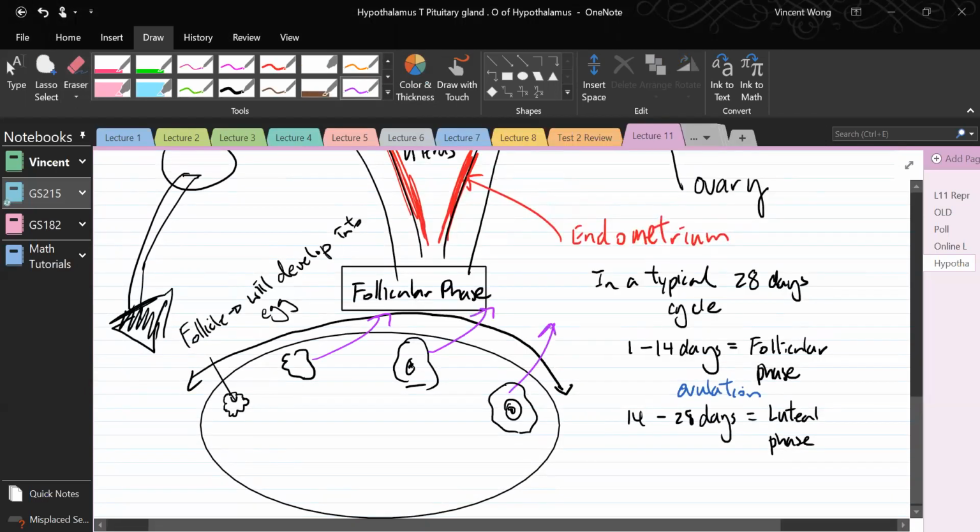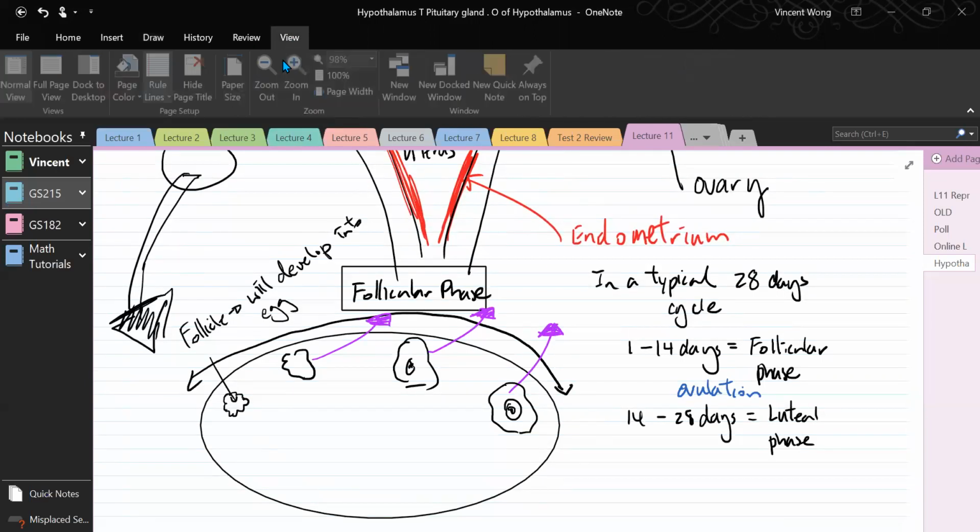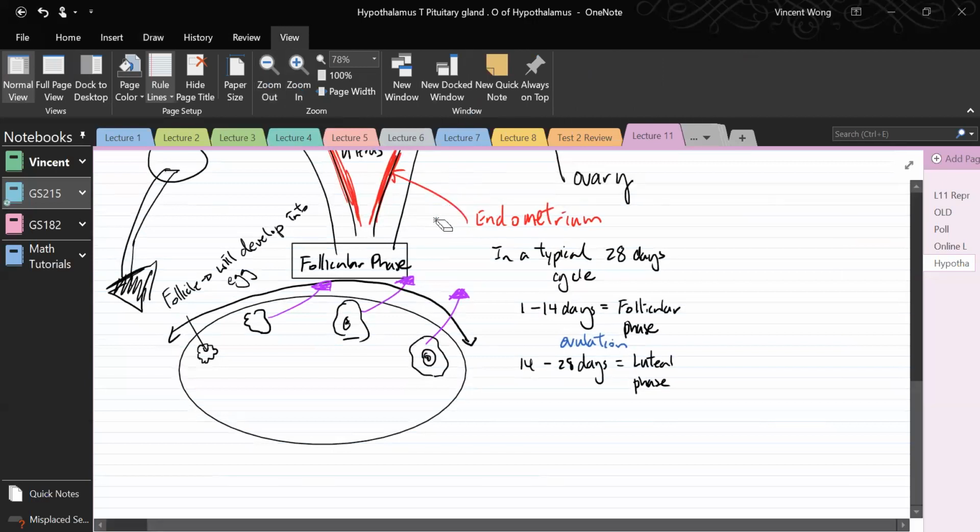Does anybody remember what the hormone is? Can someone tell me what the hormone is? Yes, the answer is correct. That is estrogen. So estrogen is released from the ovary as the follicle develops.